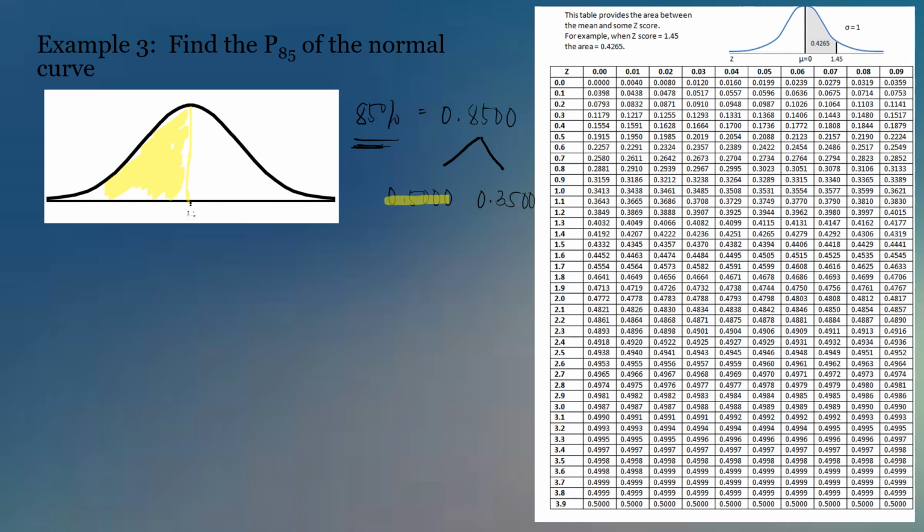Hanapin natin yung pinakamalapit na value kay 0.3500. Malapit siya dito kay 0.3508. So yung corresponding z value niya ay itong 1.0 tsaka 0.04.